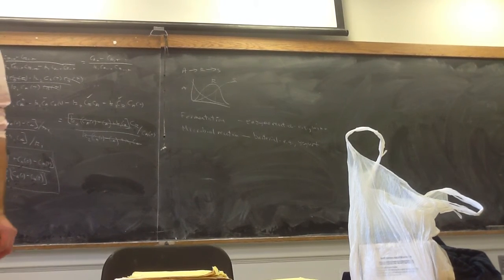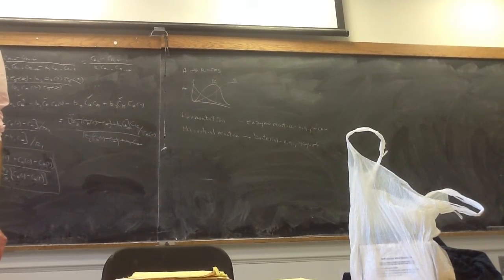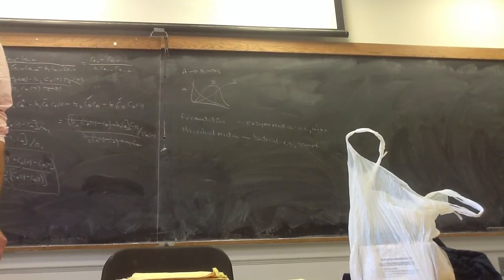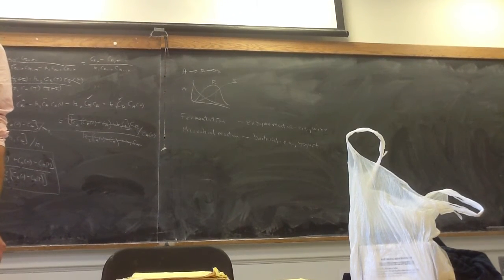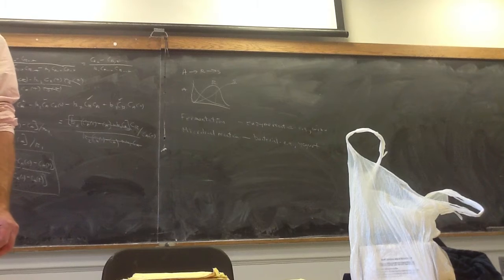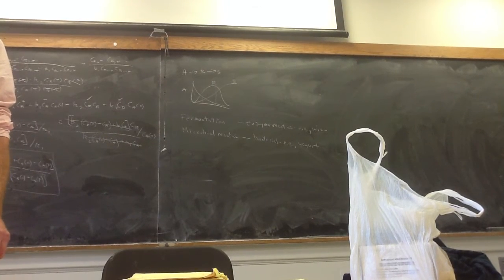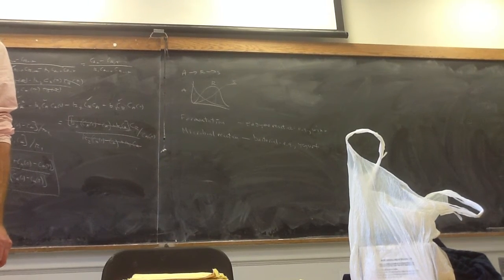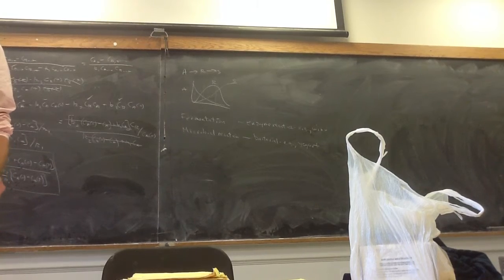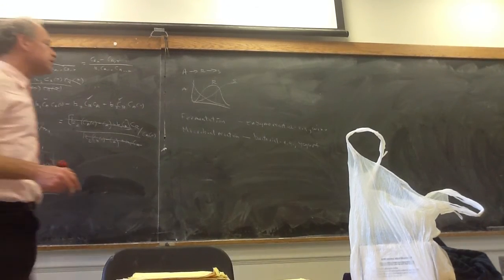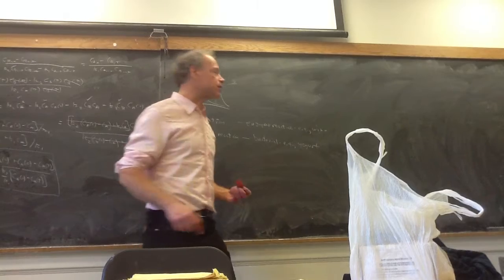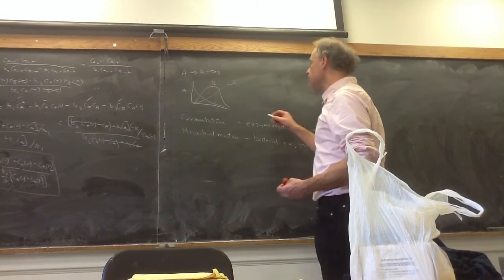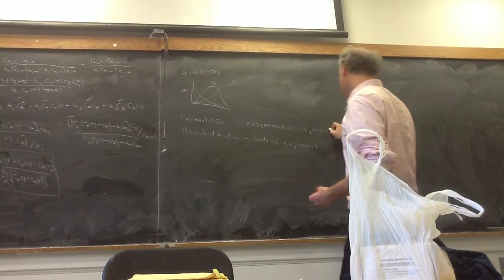Whereas in a perfect enzymatic reaction, the total amount of enzyme is always constant. Some of it is occupied by binding to substrates, some of it is unoccupied, but the total amount doesn't change. There's a big difference there. So what happens in a microbial reaction? Typically we usually use Michaelis-Menten kinetics here.